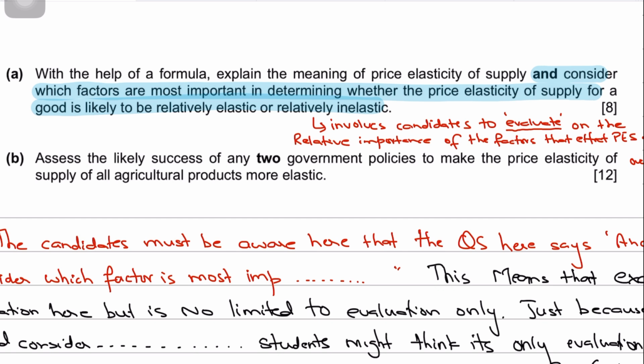The nature of the question here is that you need to identify the narrative. What is the narrative here? The narrative is that they're asking about factors affecting elasticity, and then out of those factors, which are the most important? So analyze the narrative, which means analyze the factors affecting elasticity in supply, and then the part which says which is most important.